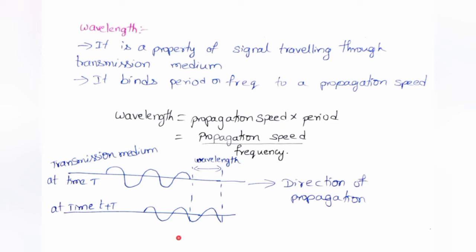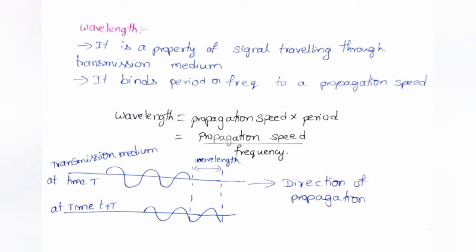At the 10th millisecond, the wavelength will be traveling towards the other location. That means the signal position has moved from one position to another position through the transmission medium.